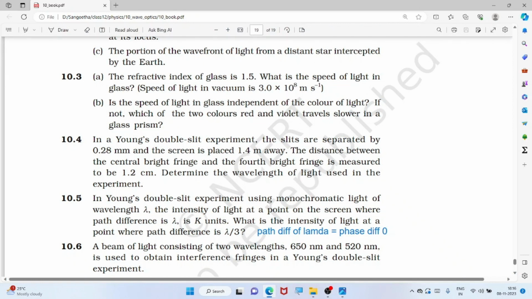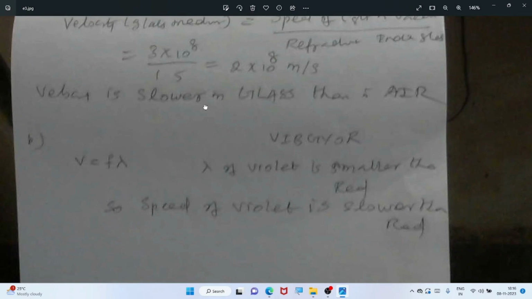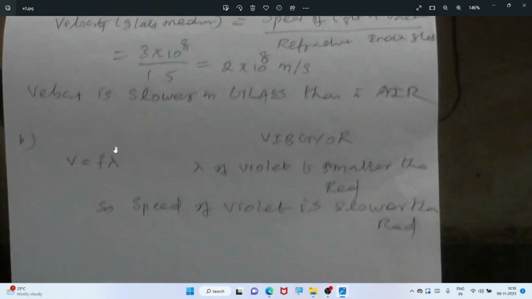Is the speed of the light in glass independent of the color of light? No, it depends on the color because the wavelength varies. If not, which of the two colors, red or violet, travels faster? Speed of light depends on the wavelength because its frequency is not going to change.